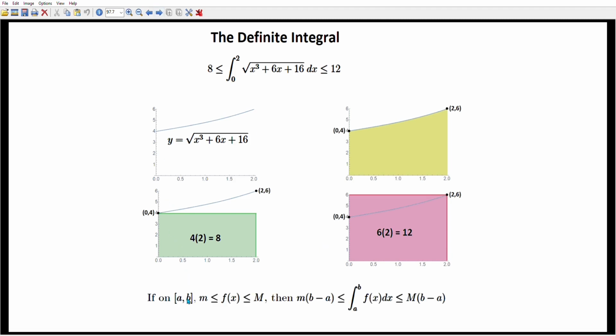And that works out to the following. If on AB, the lowest value f of x takes on is small m, the biggest value that f of x takes on is big M, then smallest value times length of interval is going to be less than or equal to the definite integral, is going to be less than or equal to largest value times length of interval.